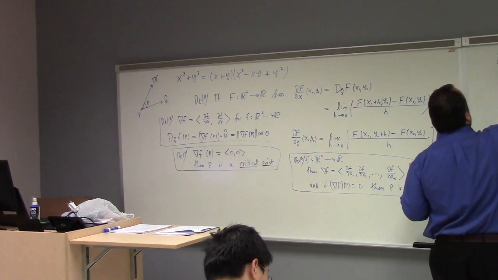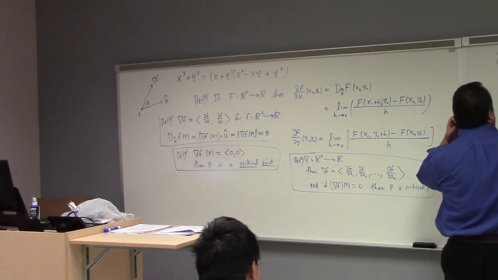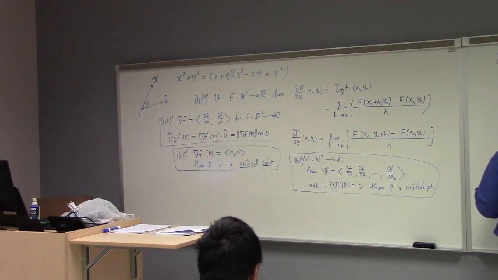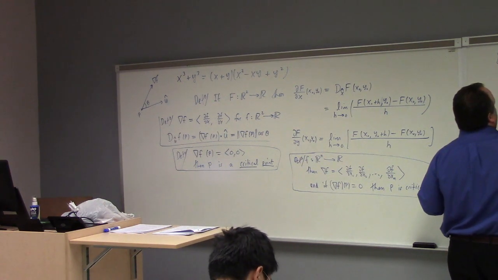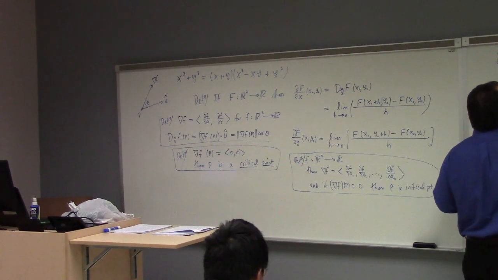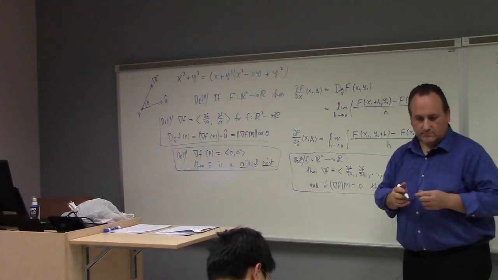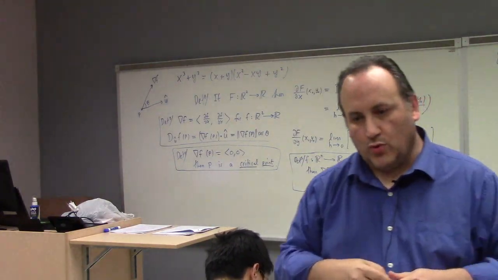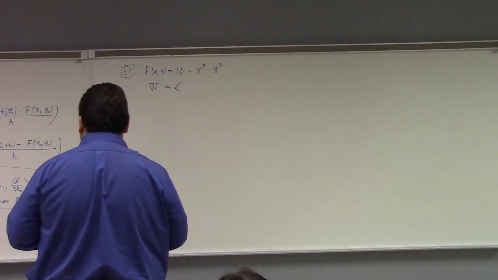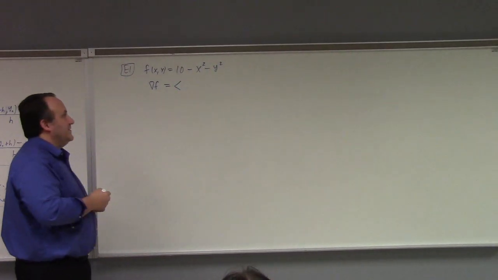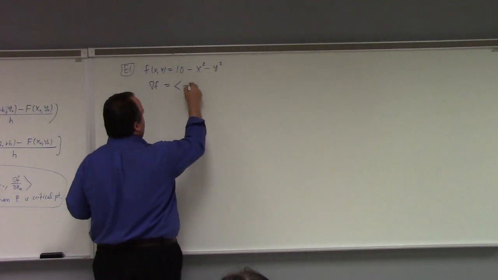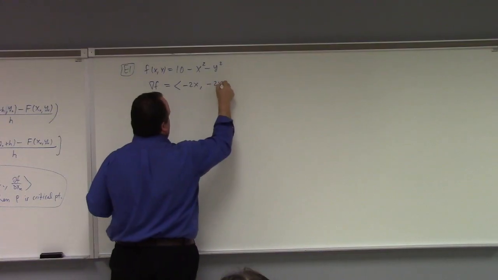So for example, if we looked at f of x comma y equals 10 minus x squared minus y squared, calculate the gradient of that thing, what do we get? What's the gradient of f here? I heard minus 2x, yep, minus 2y.